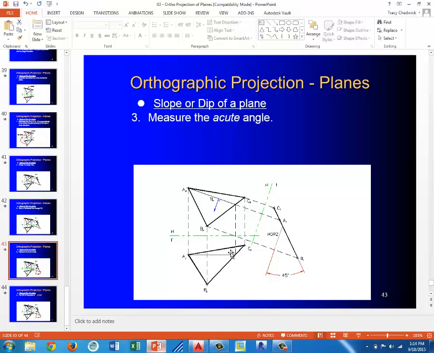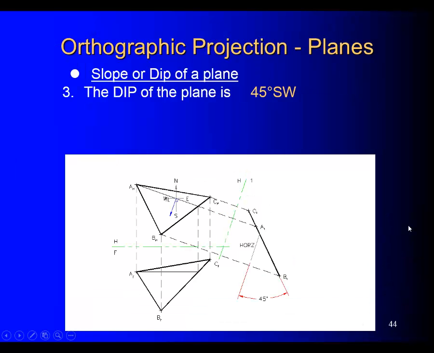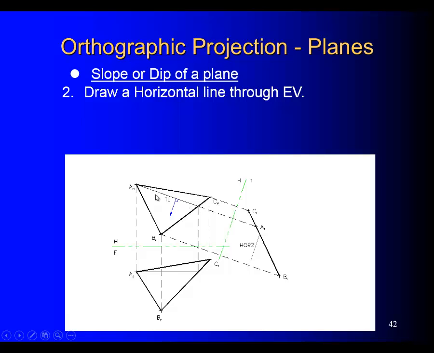But then the other part is, which direction does it slope down towards? So to figure that out, what we want to do is take a look at the true length strike line. Remember, the true length strike line is a point view over in this view.